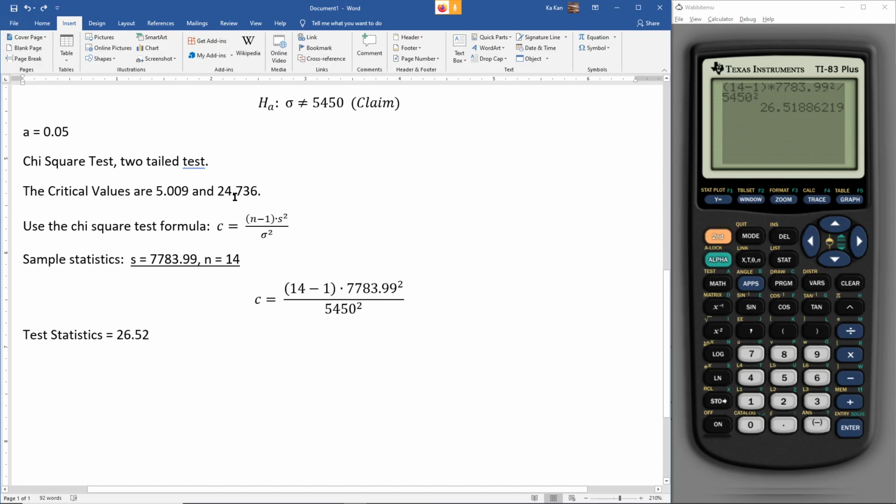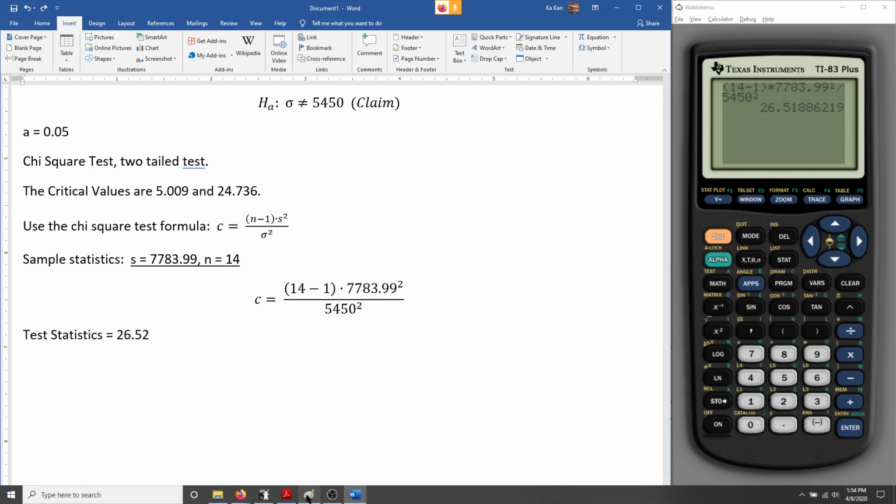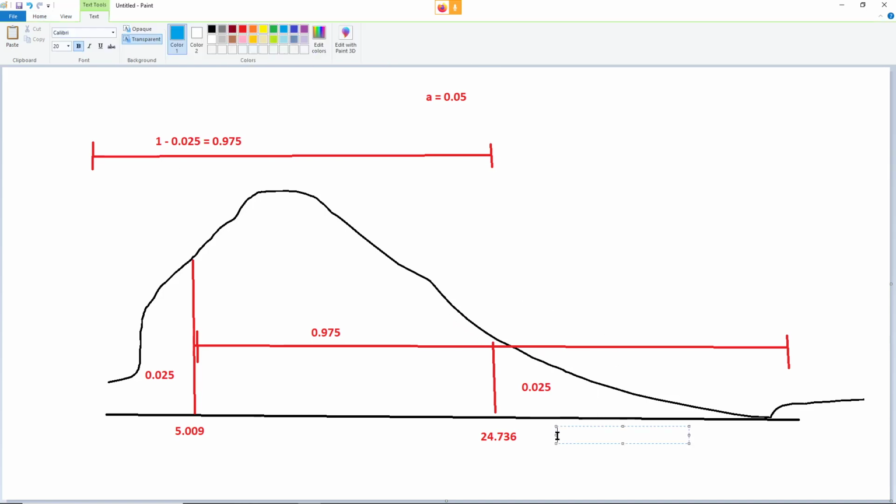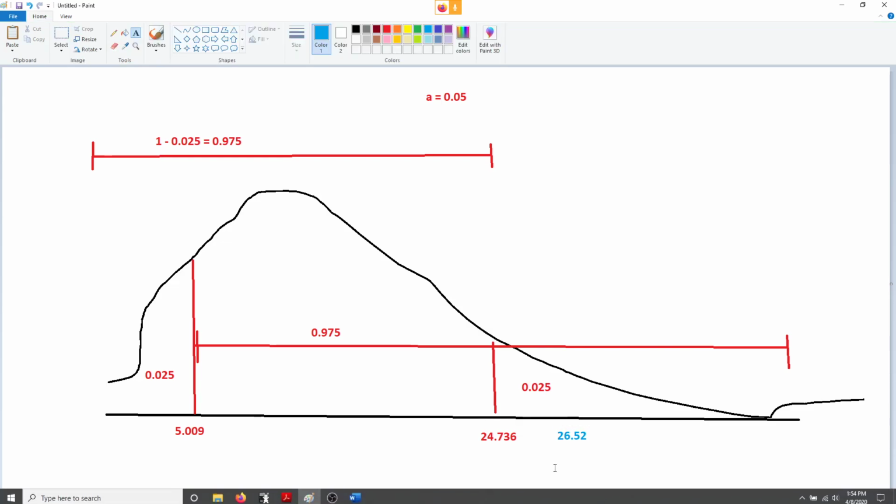Now, this guy is on the right hand side of your right limit in your picture. So the test statistic in this case is going to be right here, like right here, which is 26.52, right? So it's in the rejection zone.